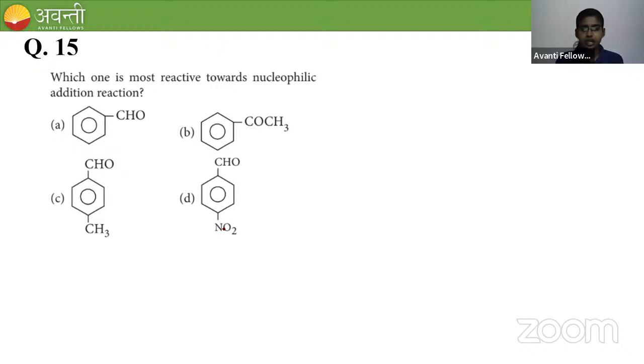So what could be the correct answer for this question? 4 different compounds are given. Aldehydes are more reactive. So the first compound is an aldehyde. And option B is the ketone, RCOCH3, so ketone cannot be the answer. The third compound also has the aldehyde part, and the fourth compound also contains the aldehyde part. So among A, C and D, which is the correct answer?